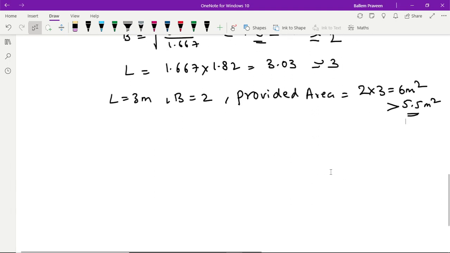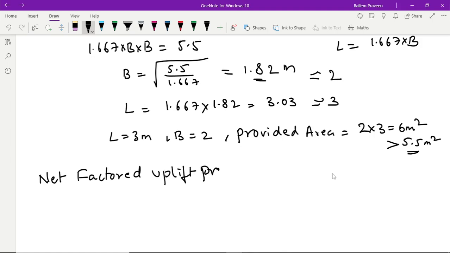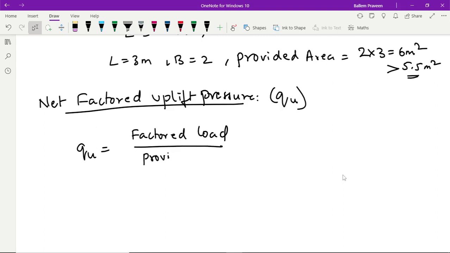Now with this provided area, we have to calculate the net factored uplift pressure, and this is represented with QU. The net uplift pressure formula is QU equal to the factored load divided by the provided footing area.